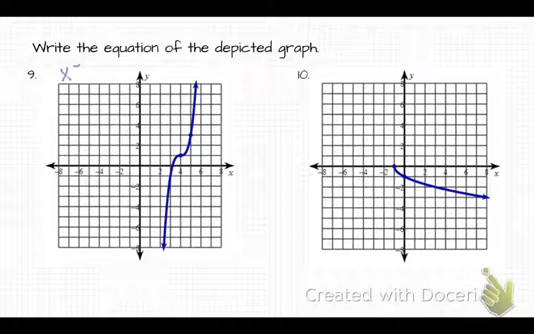Okay, so x raised to the 3rd power. So I know that will be the kind of equation I use when I write my function name. And I also know that when I have an x cubed graph, this is normally where my points are. Is that true? Okay.